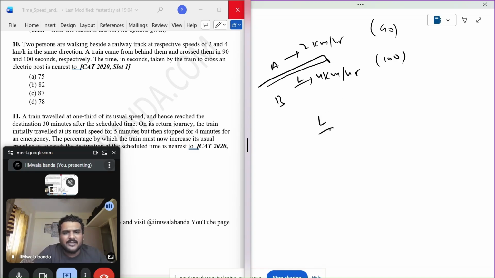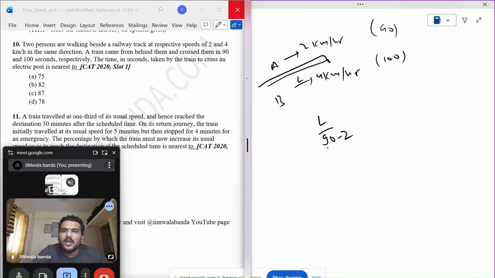I think L is the length and man and pole, they have no length of their own. So it will be L by relative speed. Now they're moving in the same direction and a train is coming from behind. So everyone is in the same direction. So it will be speed of train minus 2, and that will be the time. So 90 seconds and this is 2 kilometer per hour.